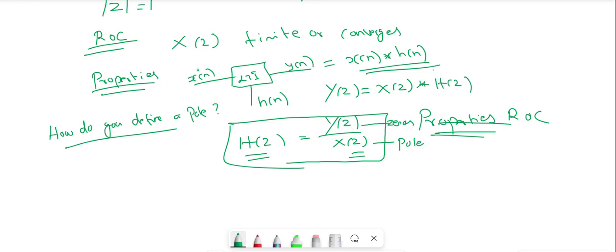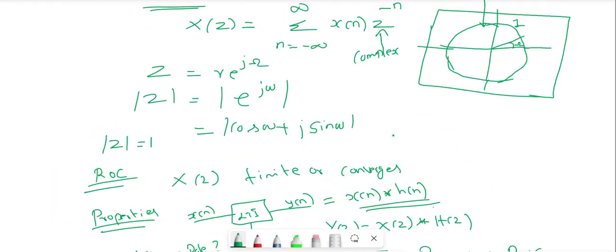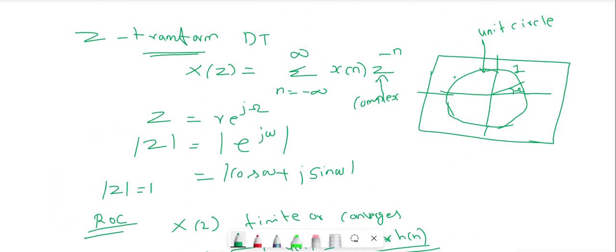Now for the ROC, in the Z plane you can represent the unit circle, the magnitude as a unit circle, and this is the angle omega.